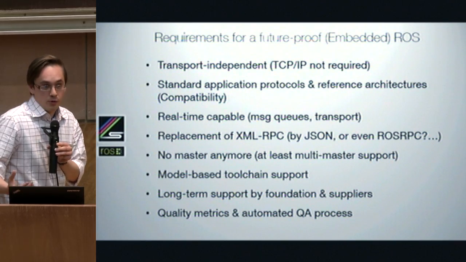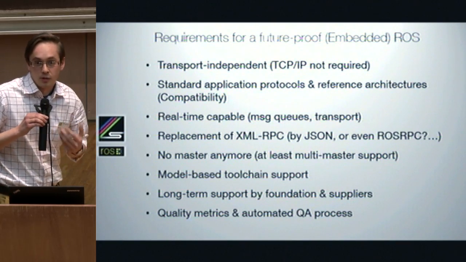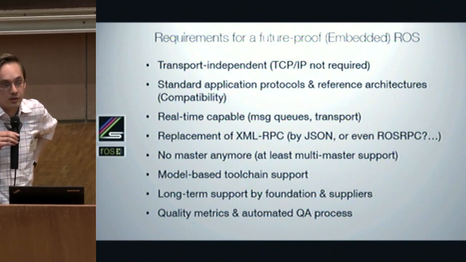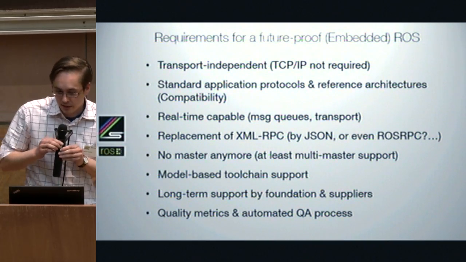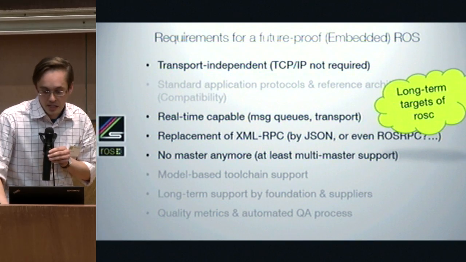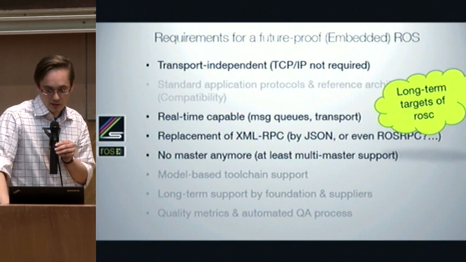And this is a summary of the requirements that we came up with while talking to ROS Industrial participants and also the participants at the ROS for Products workshop in Mountain View. And some of these we want to address in the long term with RosC, especially the real-time capabilities.